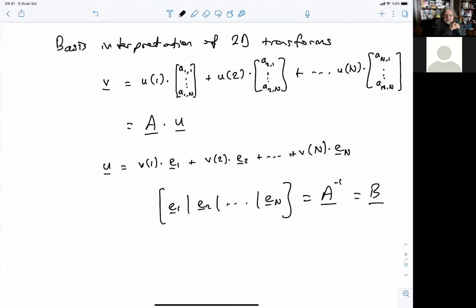So this is our unitary matrix, which corresponds to the basis elements.